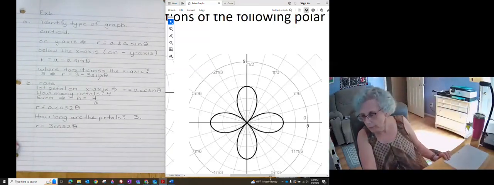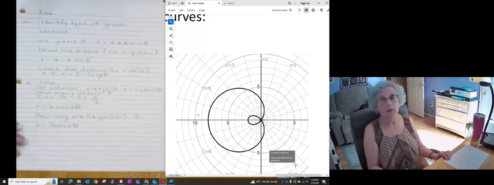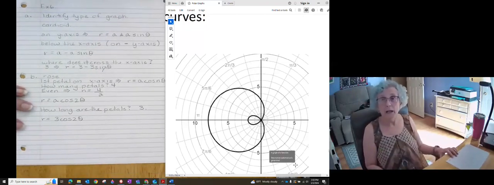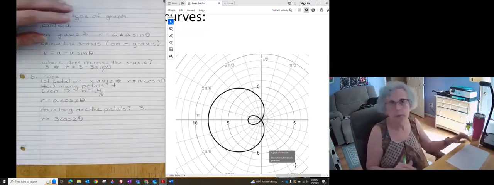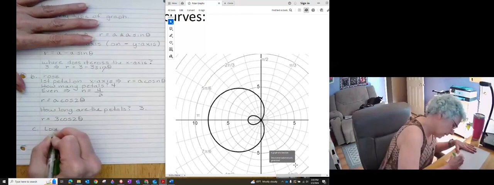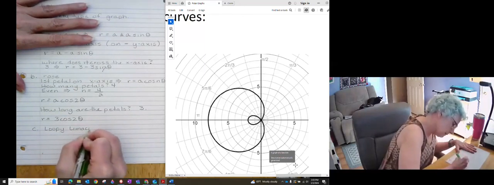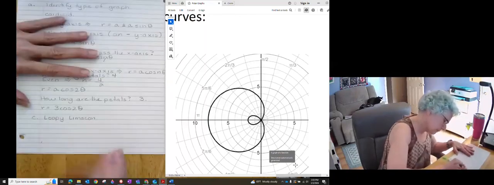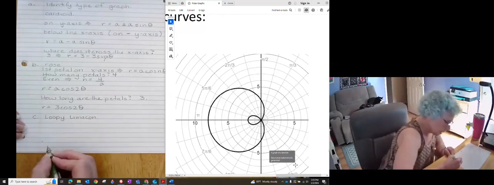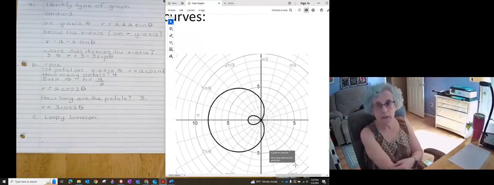One more. Okay, so now I have a limacon, and it's a loopy limacon. I look at where it's located.